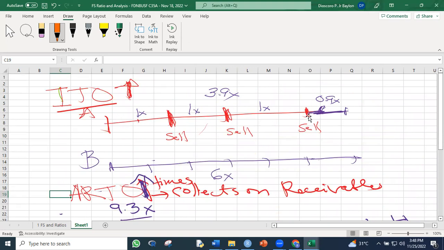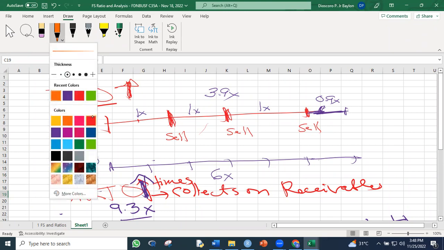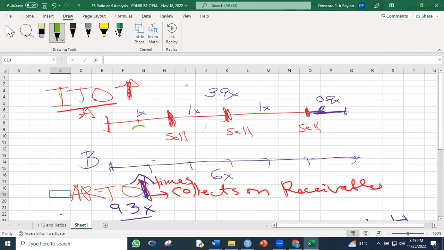Since we are only at 3.9 times, that means about 95 days. So this is 95 days for our company, and another 95 days, and a fraction of 95 days, 95 times 0.9, because this is 0.9.